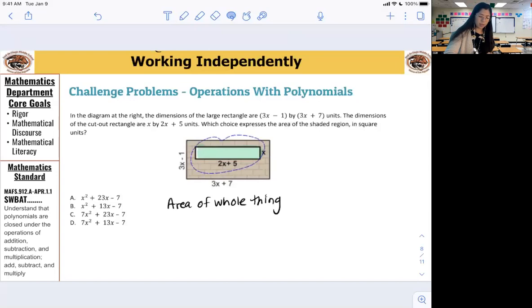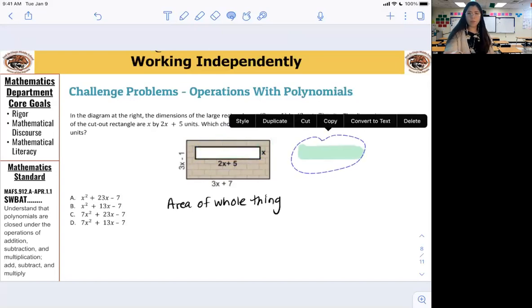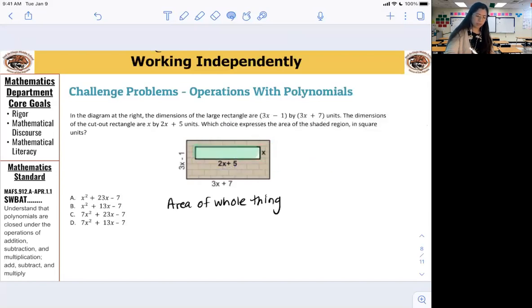And since I'm taking this portion out of it, what should I do with those numbers? Subtract that portion. So I'm going to do area of the whole thing minus area of the cutout. Right? Since I'm taking it out, I've got to subtract it because I'm taking it out.